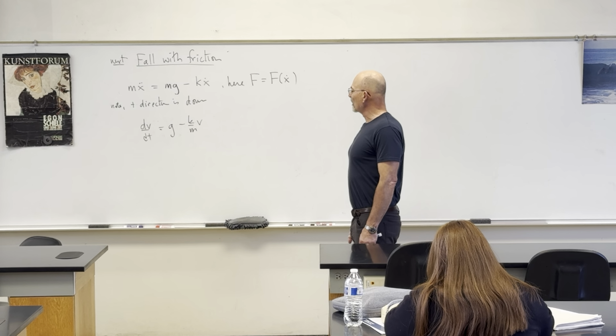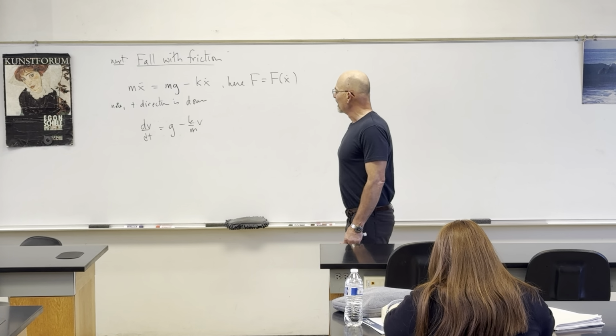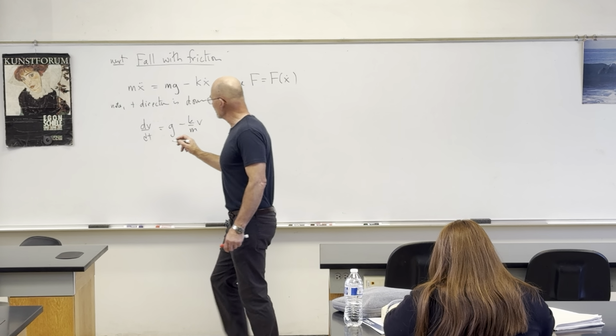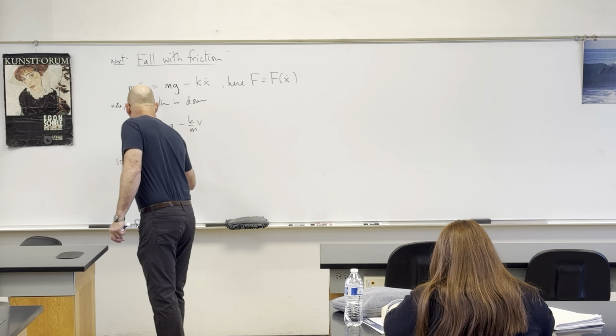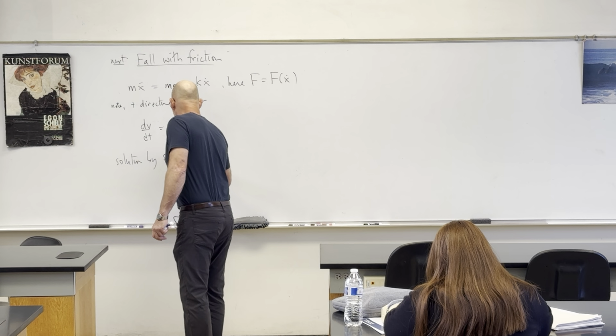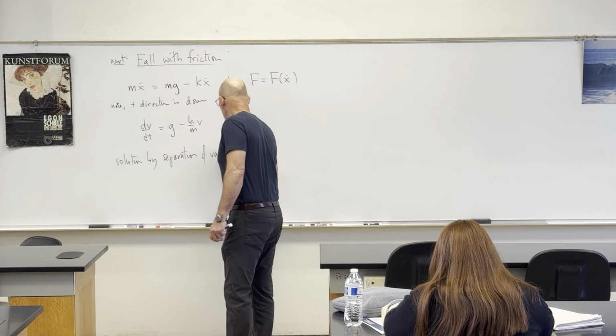Now this is going to require a little more technique than just integrating something up. And what we'll use is the technique called separation of variables. So, solution by separation of variables.